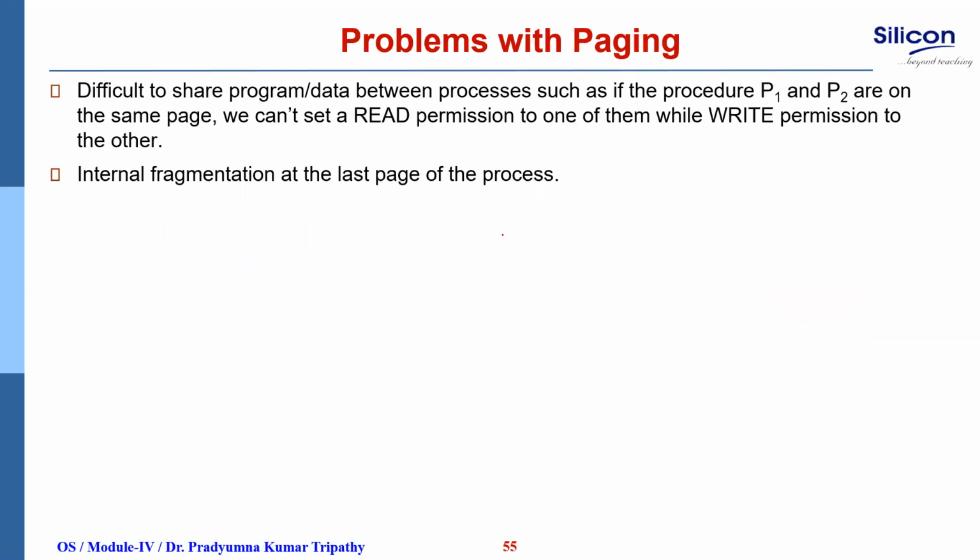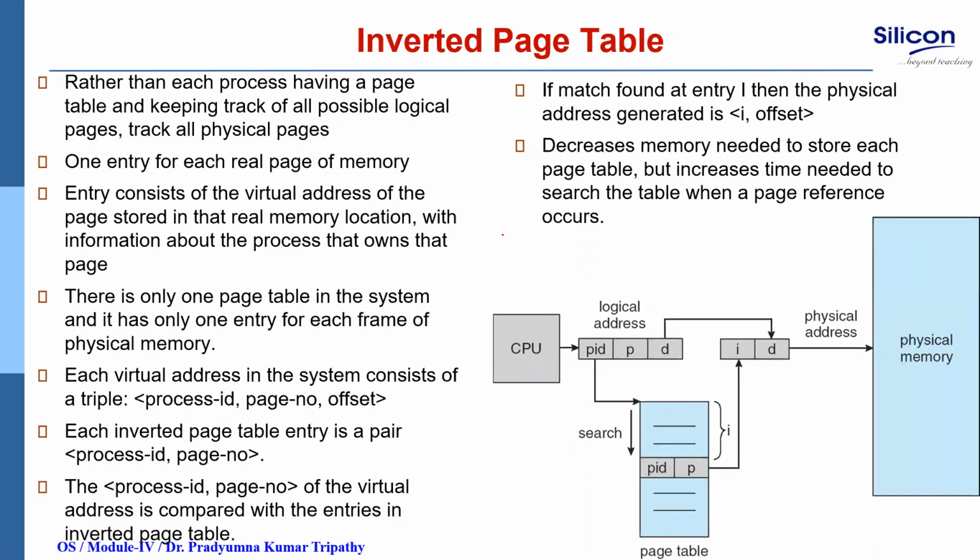We have another one called the inverted page table. Inverted page table. Very simple. First thing: is the page map table for all the processes, or is it separate for each process, or is only one PMT there? Will a PMT be created for each process, or will one PMT be there for the entire operating system?